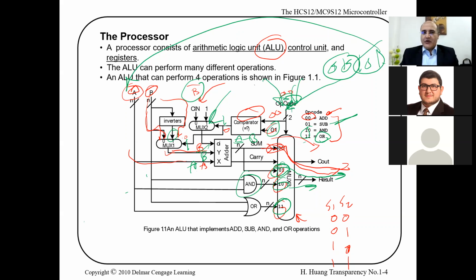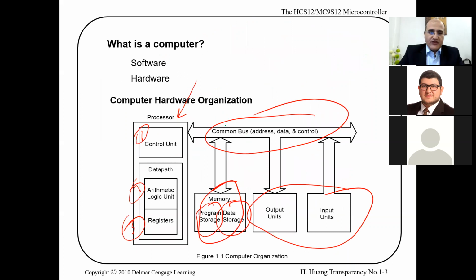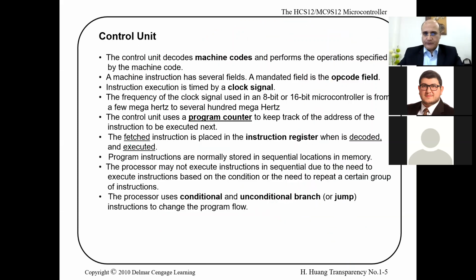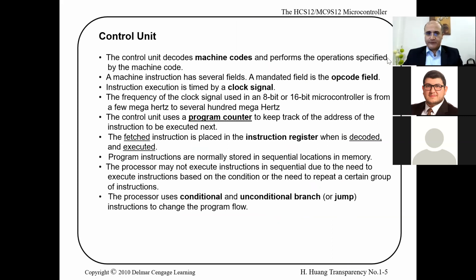Okay, so this is the first component of the processor, which is the ALU. The second part is the control unit. The control unit's job is to bring the machine code, which is the program. Every program is converted to machine code and placed in the program memory of the microcontroller.